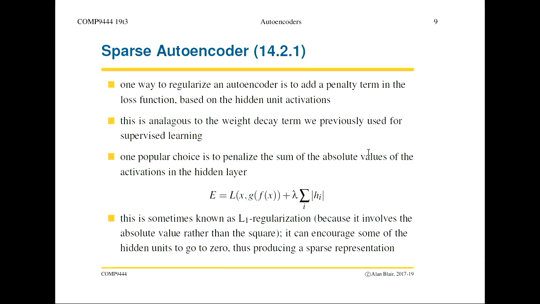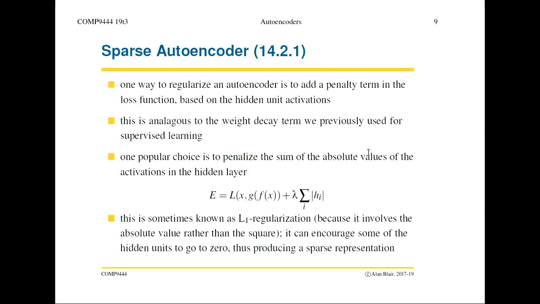Most commonly, we can try to reduce the sum of the squares of the hidden unit activations, or we can try to do it with the sum of the absolute values of the hidden unit activations. It turns out for this task, you get a bit of a better result if you use the absolute values rather than the squares.